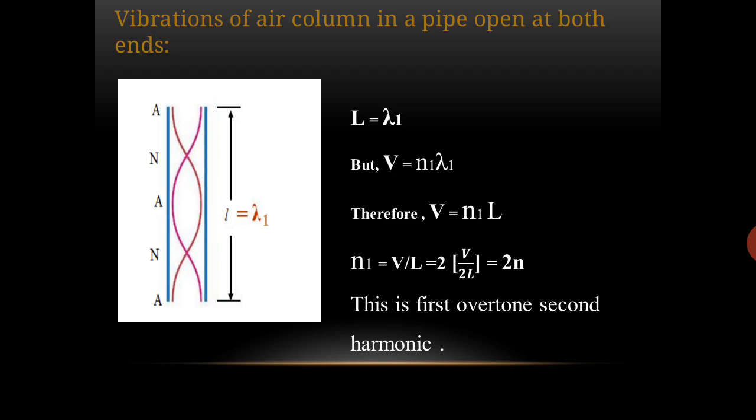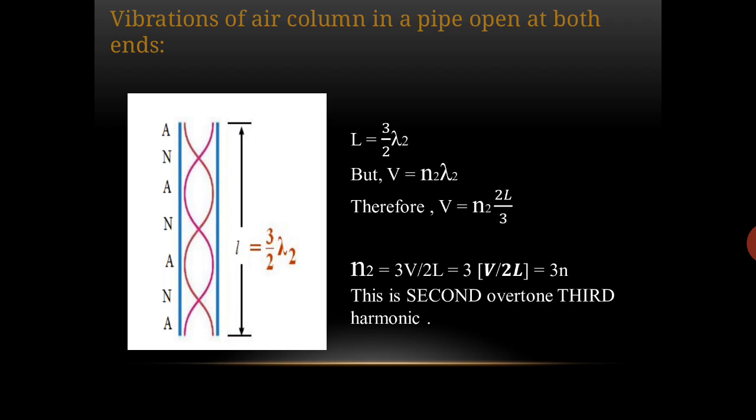Therefore V is equal to n1 L. Therefore n1 is equal to V by L. Now multiply and divide by 2, we get n1 is equal to twice n. This is the first overtone, second harmonic. So in this way we can calculate the first overtone, second harmonic.